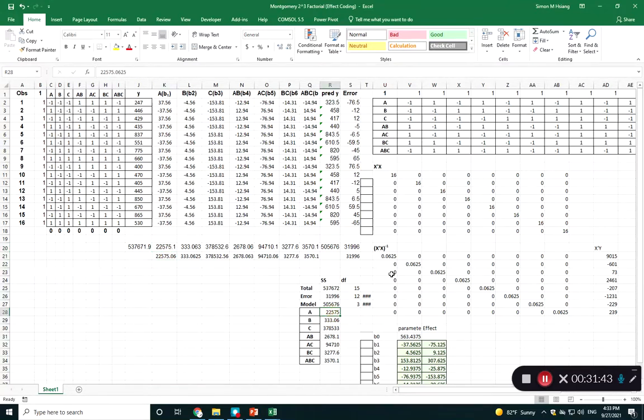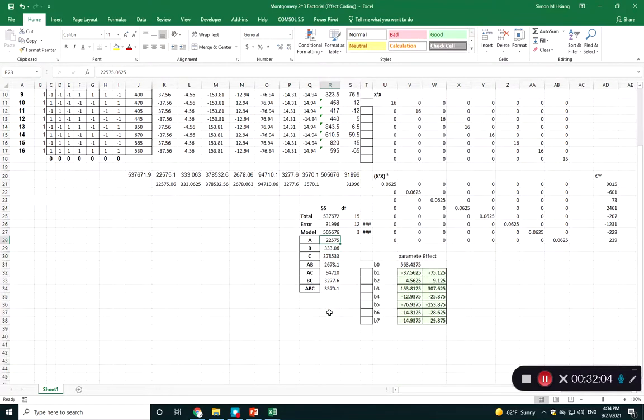So your sum of square for A, sum of square for B, same thing. Sum of square B is what? The wall behind me against the wall in front of me. A bunch of positive, a bunch of negative. C wall is the ceiling against the floor. And then AB, AC, and then you get your sum of square done.